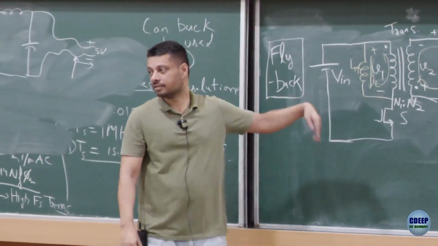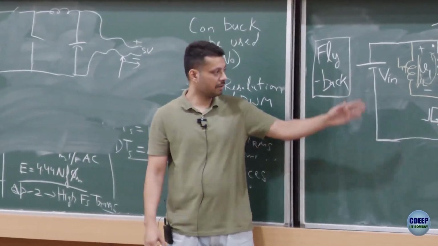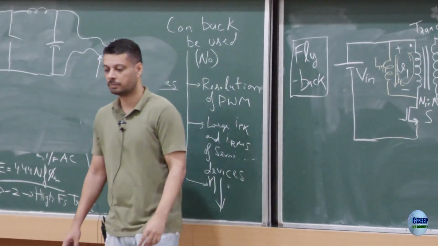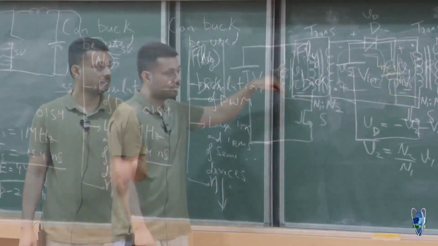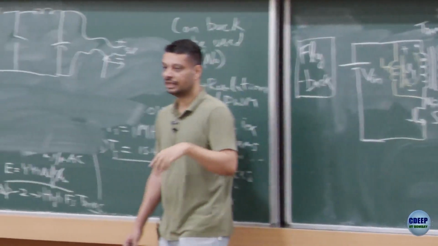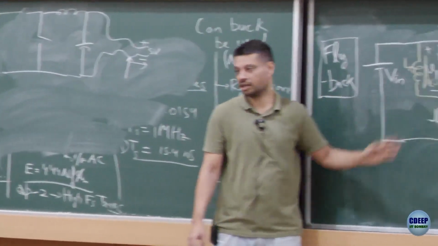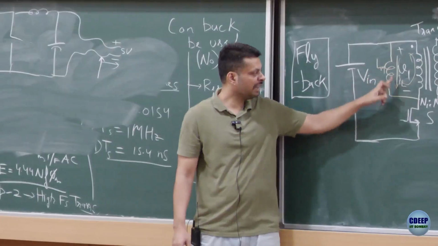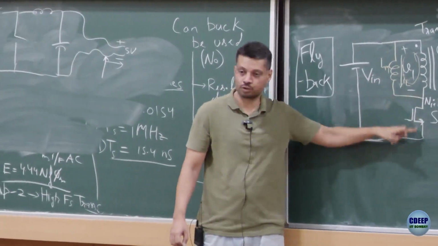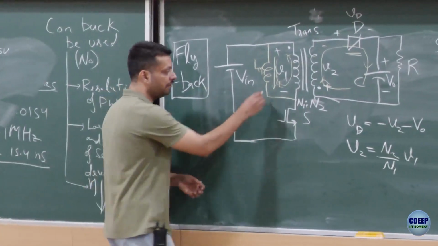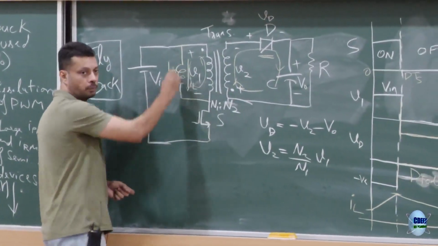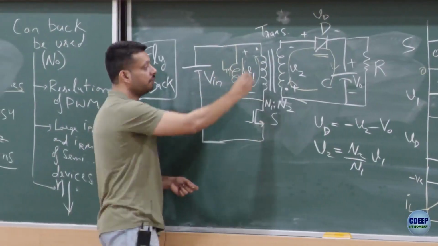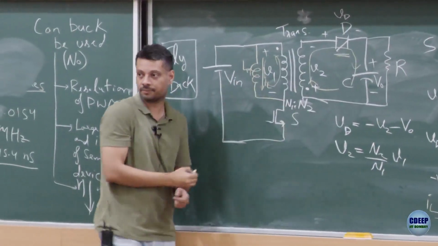Okay, let me just explain it once again. Maybe you can note down the waveforms. I'll repeat it once again. So you can look at it that inductor current has to be continuous, right? So if inductor current is continuous, it cannot flow through the switch, which is open. So the only way for the inductor current to flow is in this loop, right? If it flows through this loop, it leaves the dot.